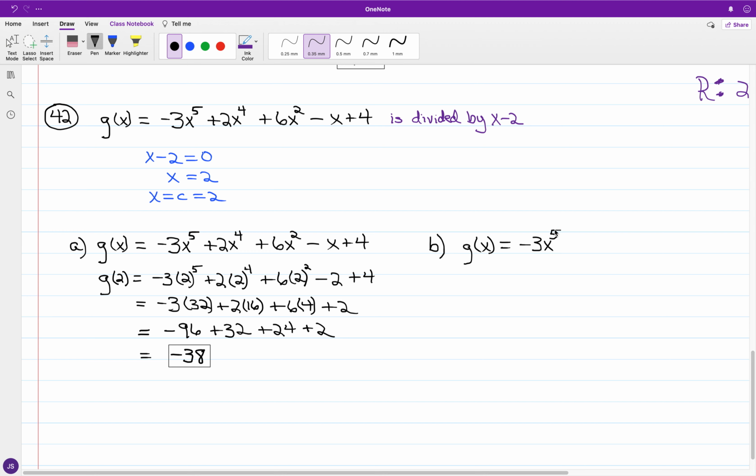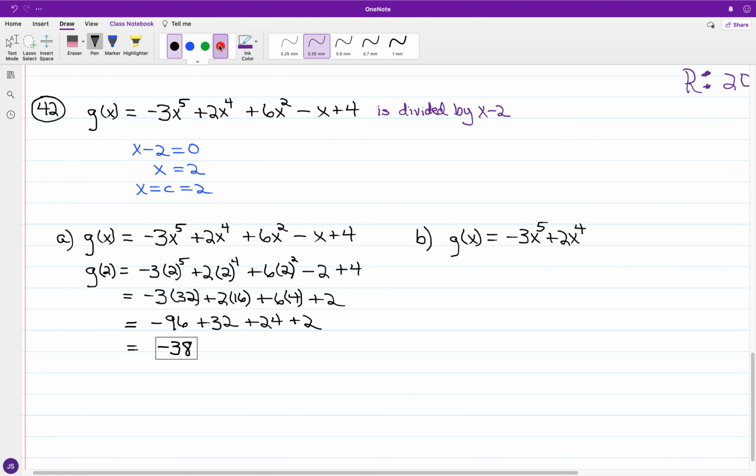In the fully expanded polynomial form of this dividend, we have negative 3x to the fifth plus 2x to the fourth. Notice we are missing a cubic term, so 0x cubed, plus 6x squared minus x plus 4. Again, just setting things up in the realm of synthetic division.